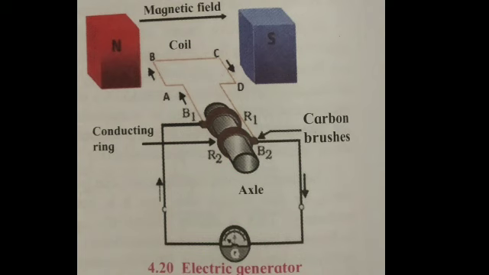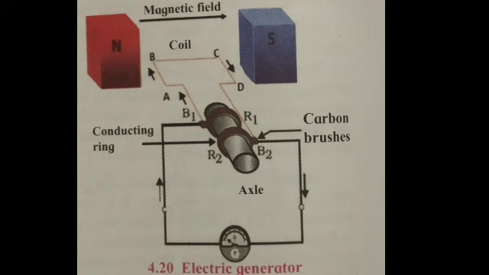The stationary carbon brushes B1 and B2 are connected to a galvanometer, which shows the direction of current in the circuit. Upon rotating the axle, the branch AB goes up and the branch CD goes down. The coil ABCD rotates in clockwise direction.